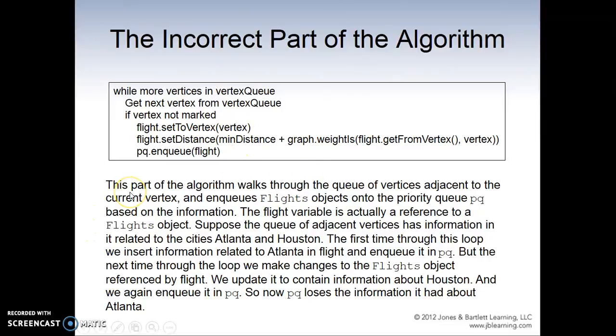So this part of our algorithm walks through the queue of vertices adjacent to the current vertex. We see that keep doing the get next vertex from vertex Q. So you just try to get adjacents, right? And NQ flights object onto the PriorityQ. The flight variable is actually a reference to a flights object.